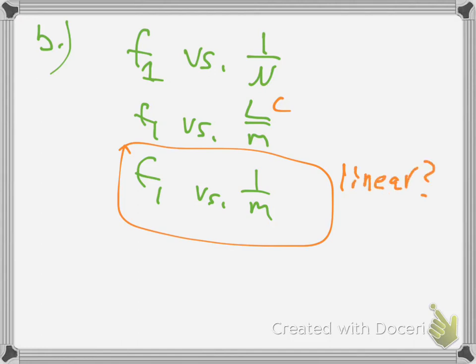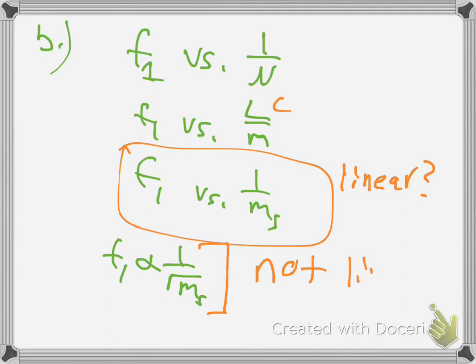Is this going to be a linear graph? On the previous page, we saw the relationship between these variables. It doesn't ask us what type of graph it would be, just whether it's linear. And from what we derived in part A, this is clearly not a linear relationship. So graphing this will not get us a linear relationship.